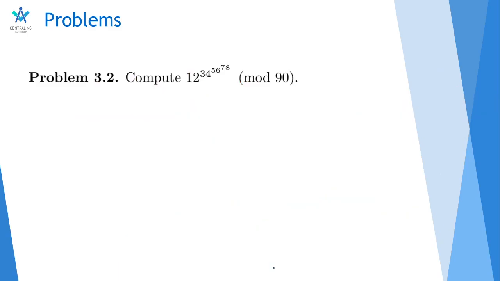Ooh, compute 12 to the 34 to the 56 to the 78. That's a weird problem. Well, we can simplify this calculation by CRT once again. So let's let this number be n, and we can split this into modulo 18 and modulo 5. So let's look at n modulo 5.